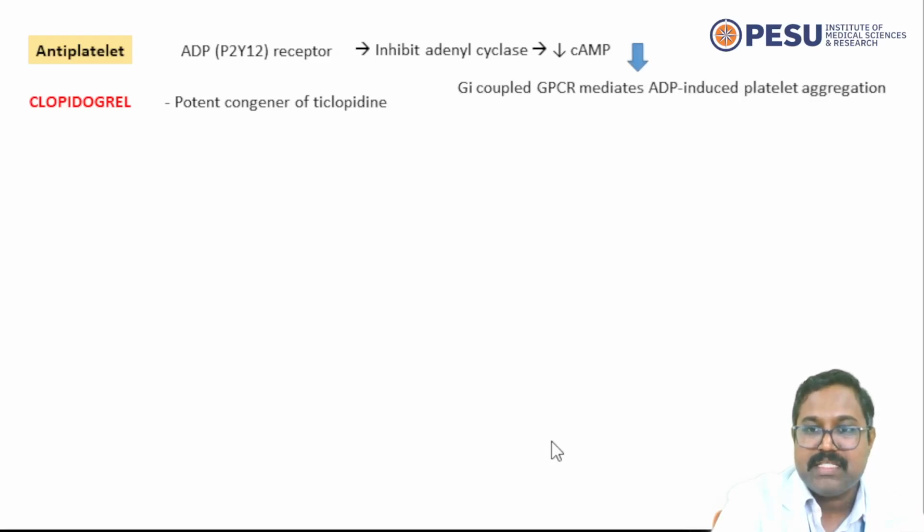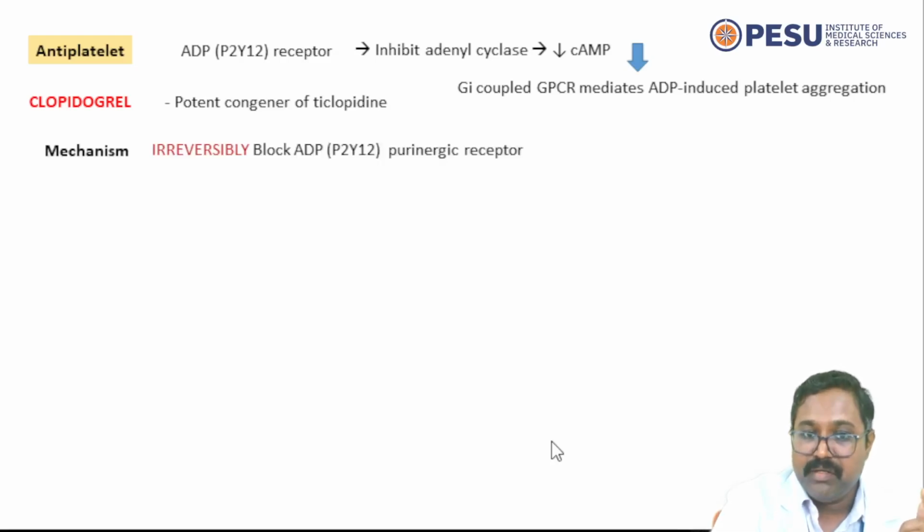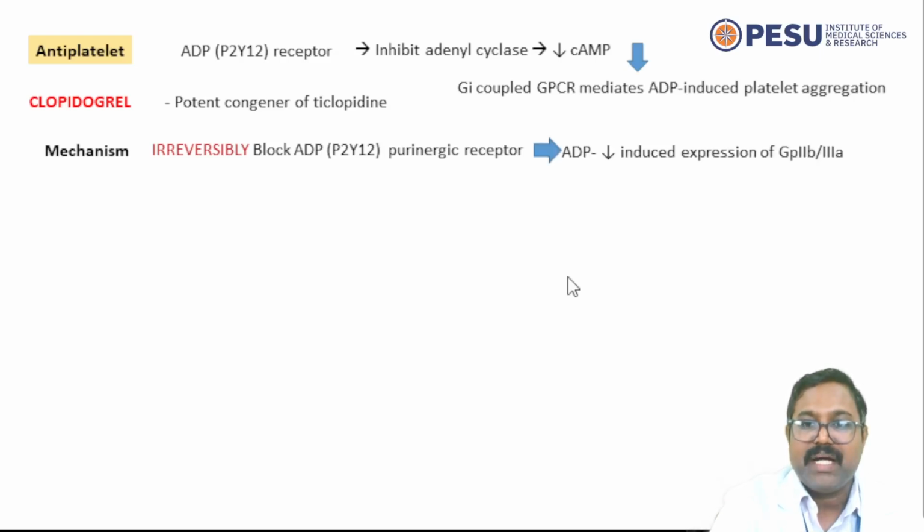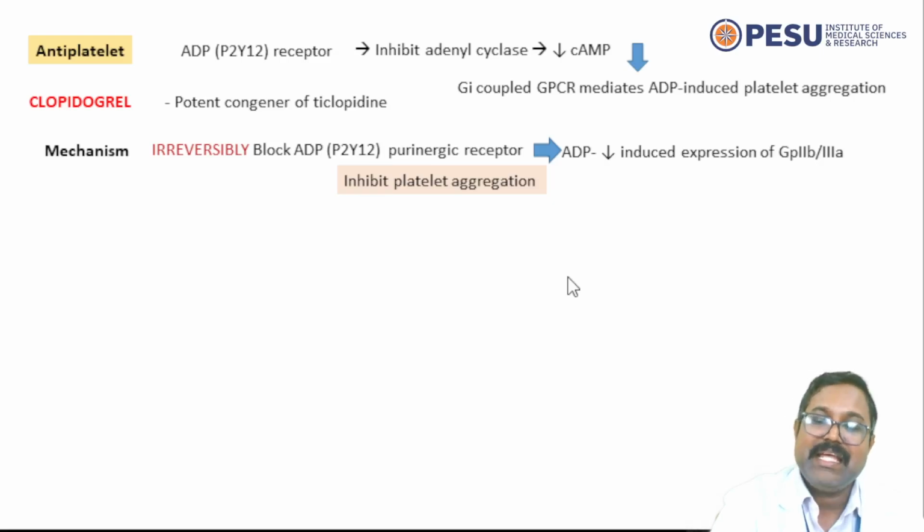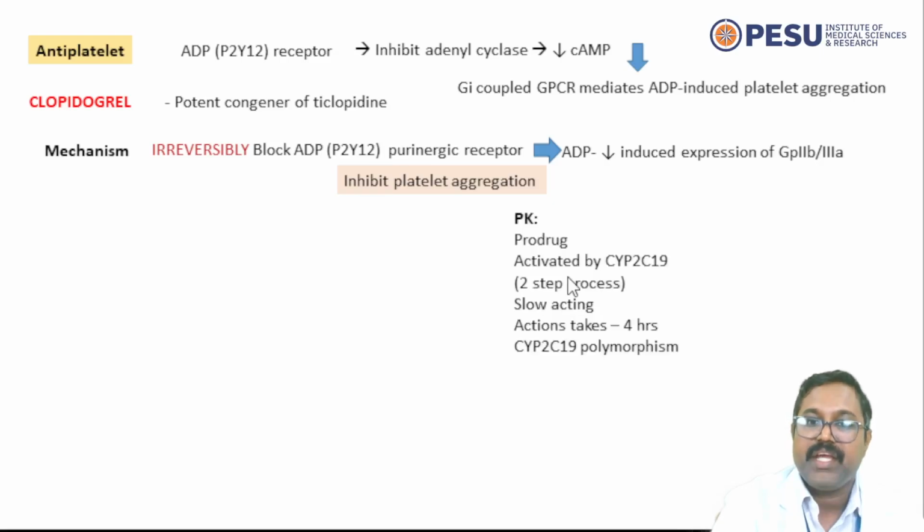Since it is a G-protein coupled receptor, there is a GPCR-mediated, ADP-induced platelet aggregation. Clopidogrel irreversibly blocks the ADP P2Y12 purinergic receptors, thereby decreasing the ADP-induced expression of GP2B and 3A receptors, and thereby decreasing the ADP-induced platelet aggregation, finally leading to inhibition of platelet aggregation.